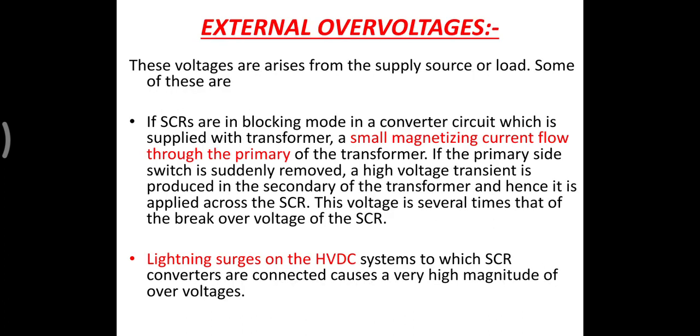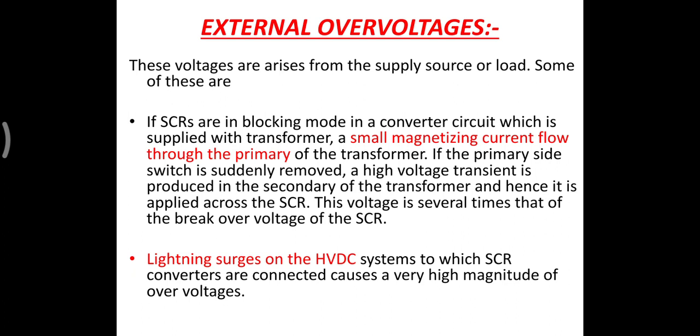Next, external over voltage. How are these external over voltages generated? Generally, this external over voltage comes from the supply source or from the load side. Let us see how these over voltages are generated.